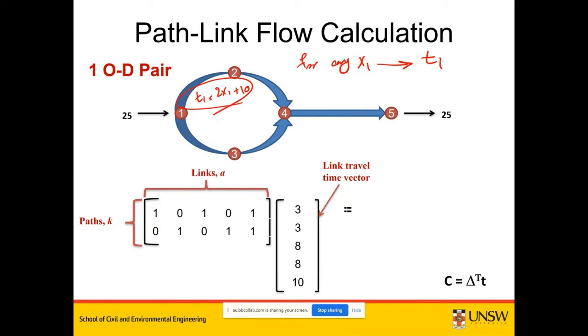So this is T1, T2, T3, T4, and T5, and as a result, you get C1 and C2, the path cost. T could be a BPR function, anything. But as I said, you have the x value in it to get the value of t, and then put it into this matrix format to get the path travel times.